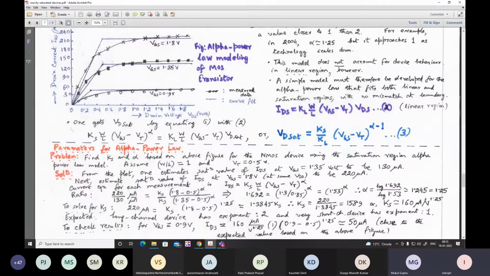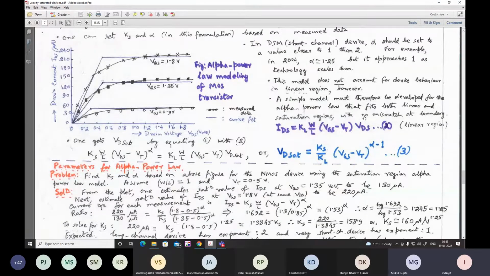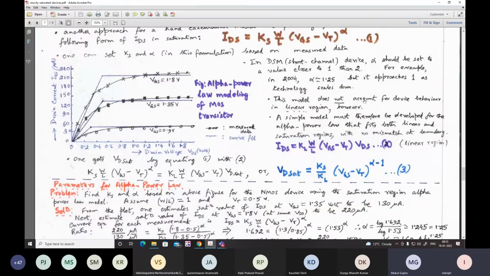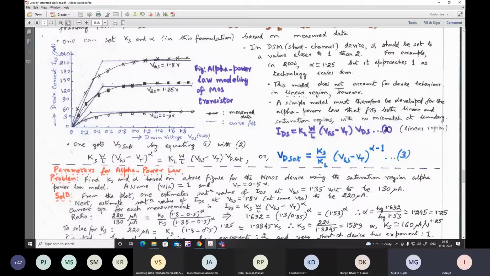With 220 microampere and 130 microampere, at saturation this is the expression: Ks, W by L, (VGS minus VT) to the power alpha. So the ratio of the two currents boils down to a ratio of (VGS minus VT) to the power alpha. Here we find that Ks gets cancelled out.